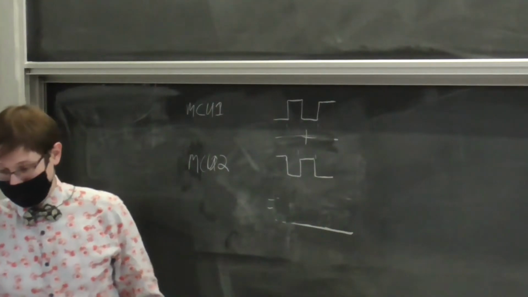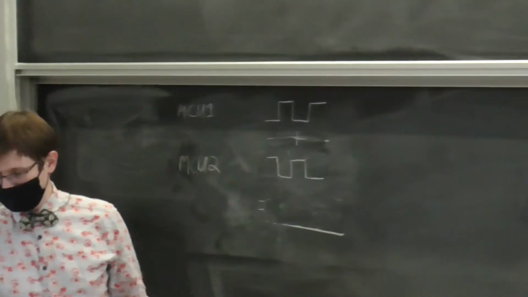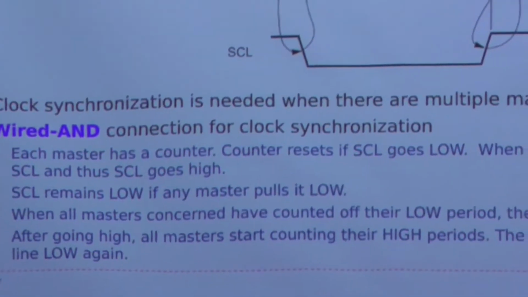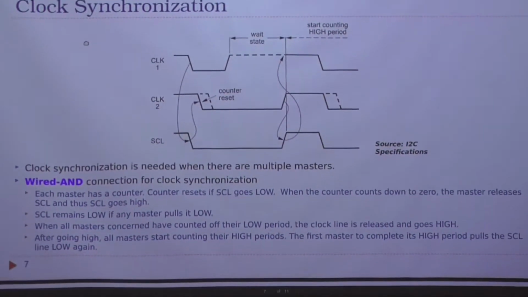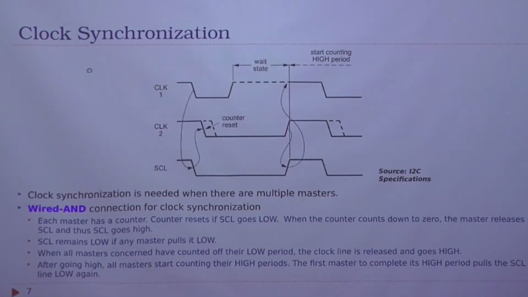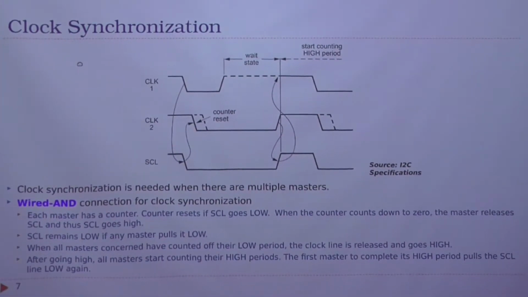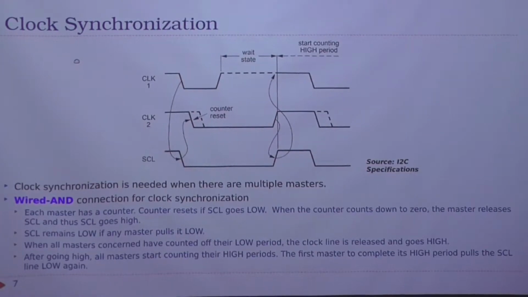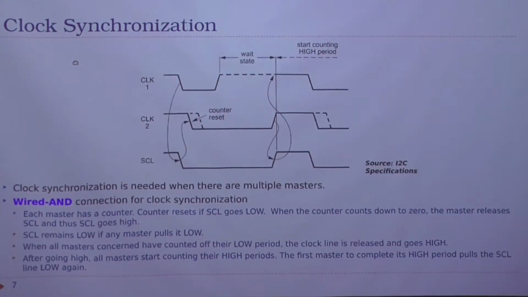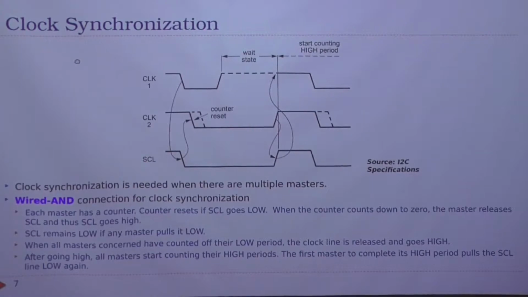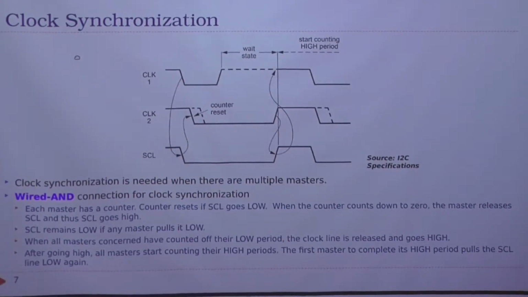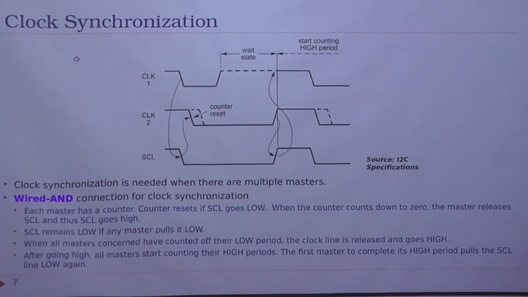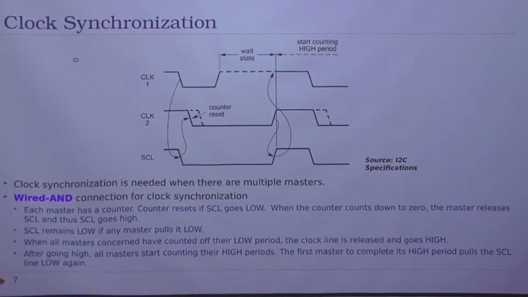Each master device has a counter. The counter resets if the clock line goes low. When the counter counts down to 0, the master releases the clock line, and thus the clock line goes high. So, essentially, if we have controller 1, right, and we have controller 2, each one of these will have an internal counter which is counting out how long the low period needs to be.